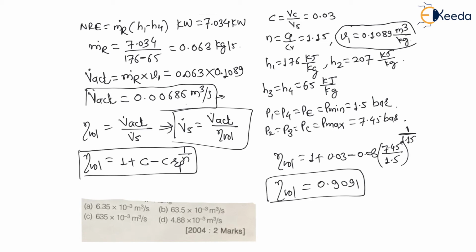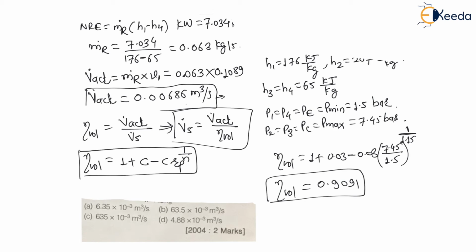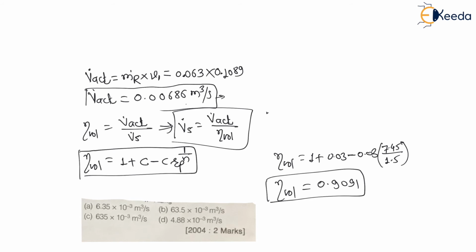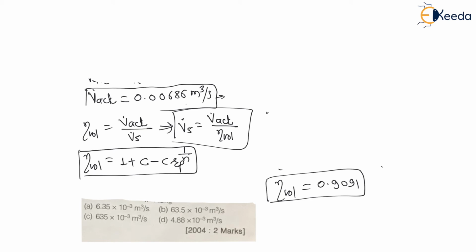Right? Now once the volumetric efficiency is calculated, the rest of the calculation is simple. My dear students, you have actual volume flow rate and you have volumetric efficiency. From this we can calculate swept volume flow rate. This volumetric efficiency is defined as actual volume flow rate of refrigerant divided by swept volume flow rate of piston, right?